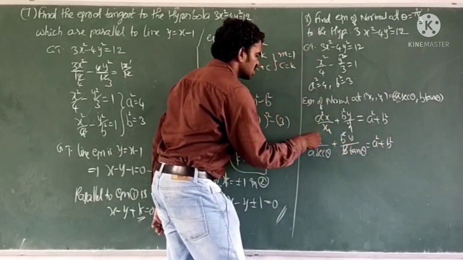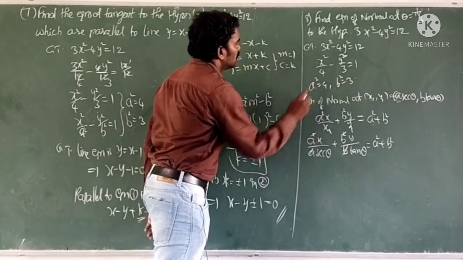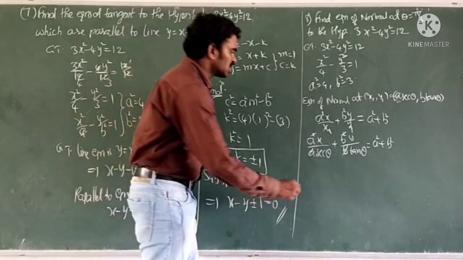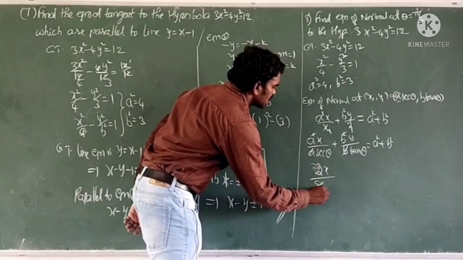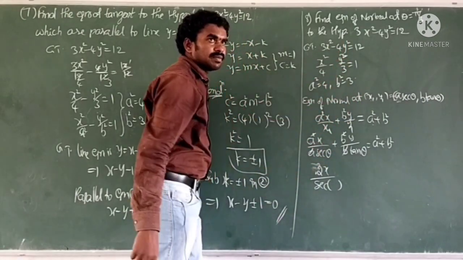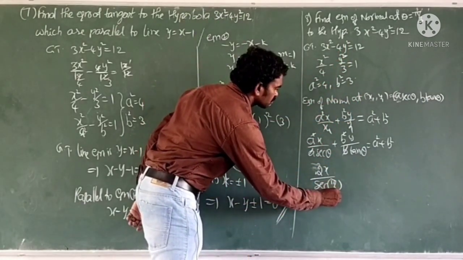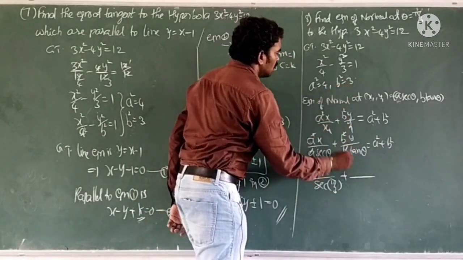So a square, a cancels; a is there. A means what? A square is 4, so a means root 4, which is 2. X by sec theta, theta means pi by 3. Plus y, b means root 3.